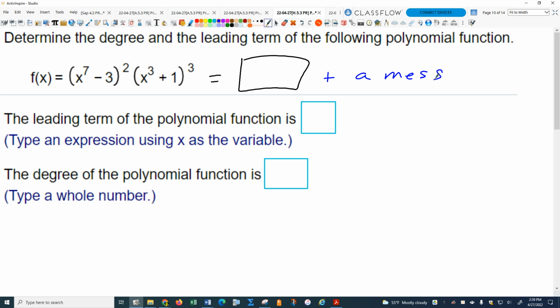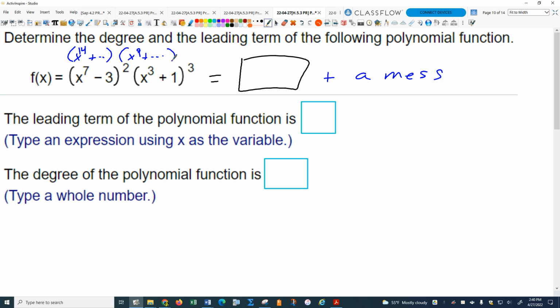Yeah. That makes sense? So when I distribute the 2, I'm going to get x. Well, I can't distribute the 2. When I expand that whole thing out, when I square this out, I'm going to get an x to the 14th plus a bunch of stuff, times, when I expand that out, my first term is going to be x to the 9th plus a bunch of stuff.